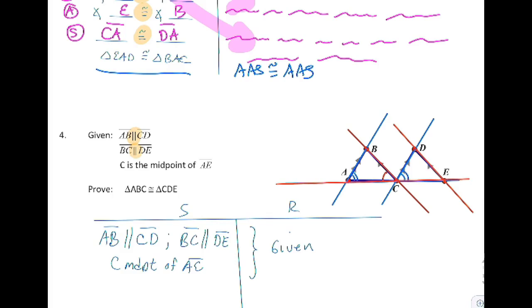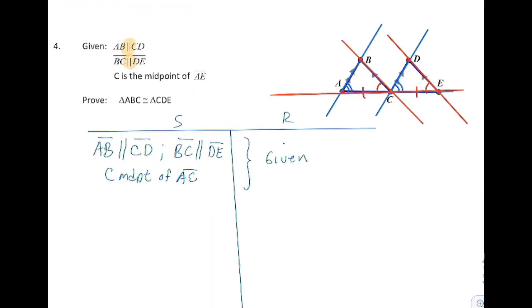I have another pair of corresponding angles. And then it also says that C is the midpoint of AE. So I'm going to say that this angle and this angle are congruent. You could number them, but I'm going to say angle A, because there's no intersection there, is congruent to angle DCE.